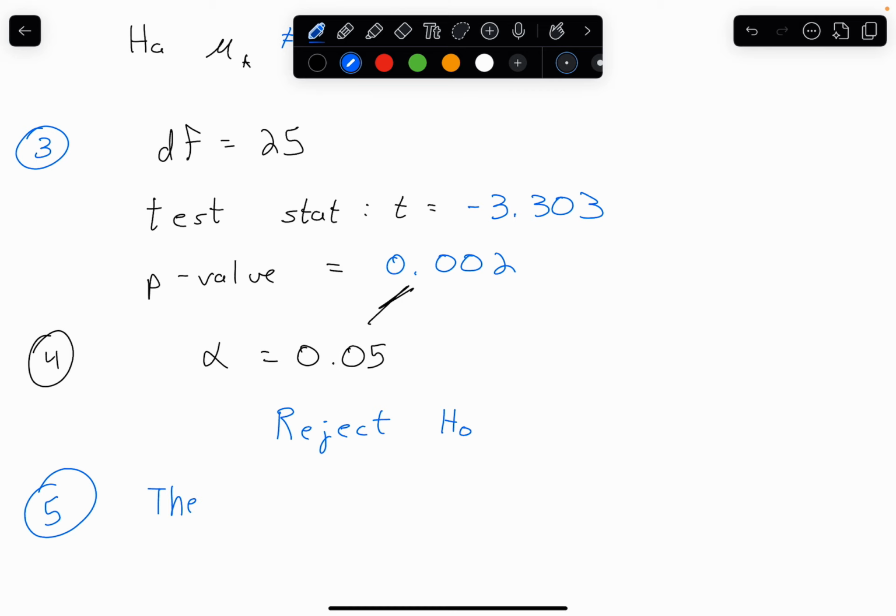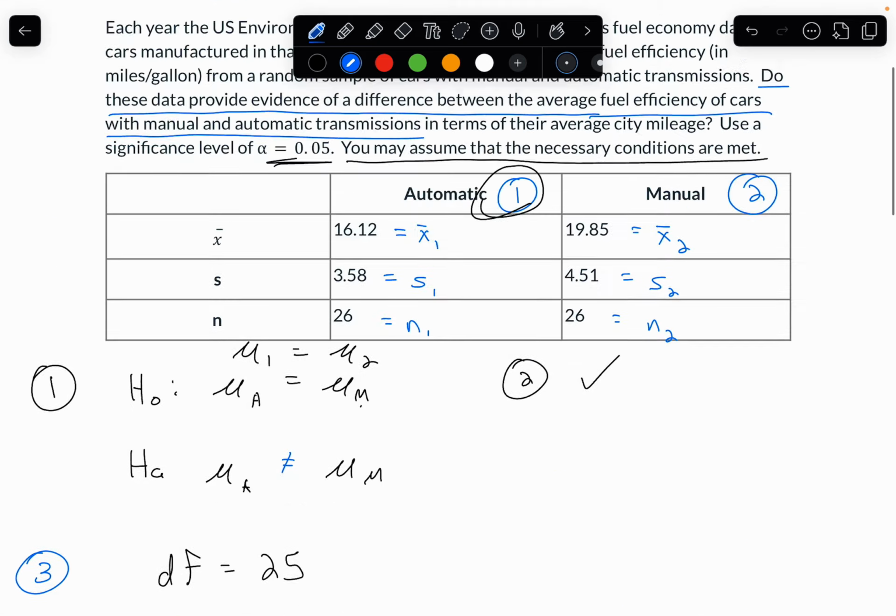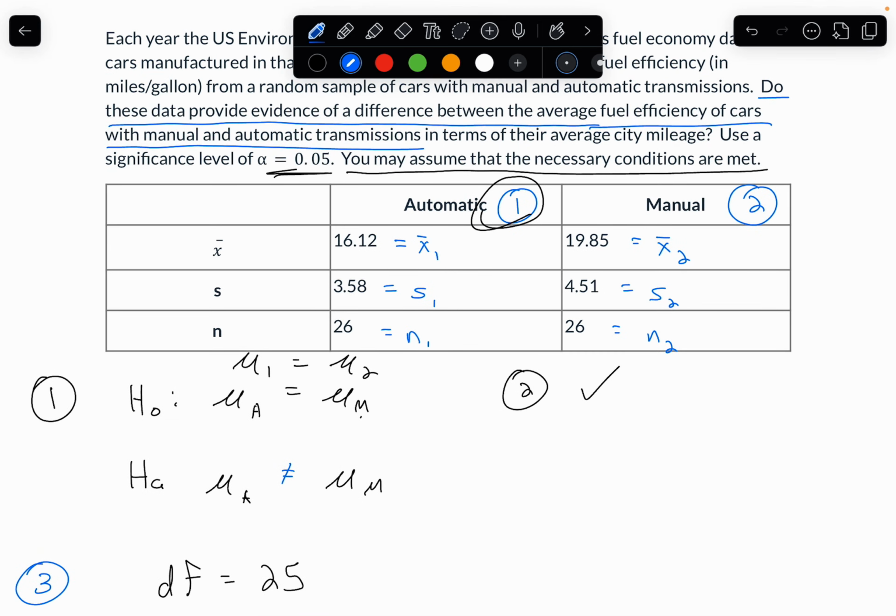So there is enough evidence to support that, and I'm going to just scroll up so that I can grab that language from my problem, that it said there is a difference between the average fuel efficiency of manual and automatic transmissions.